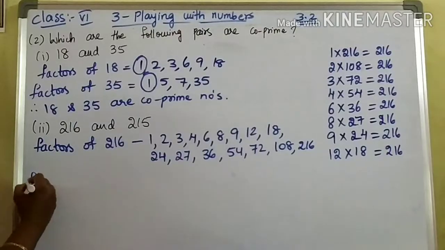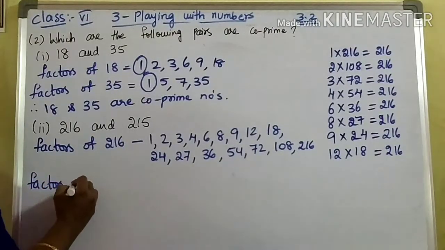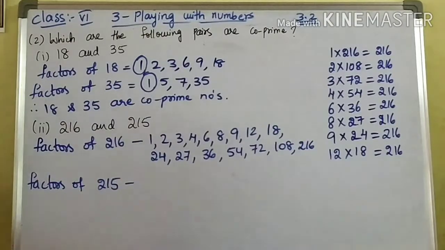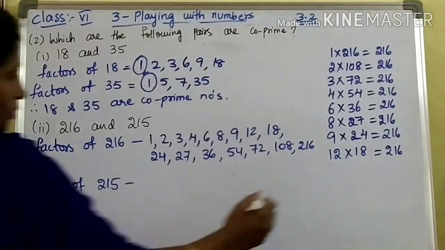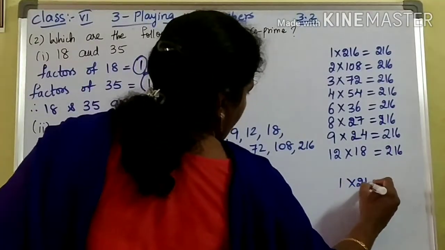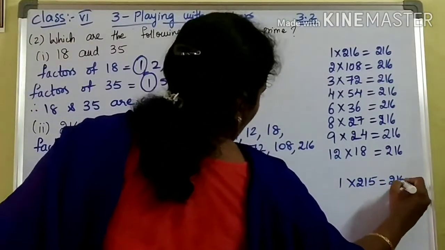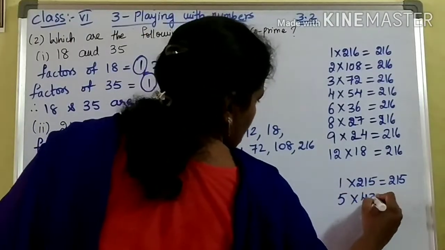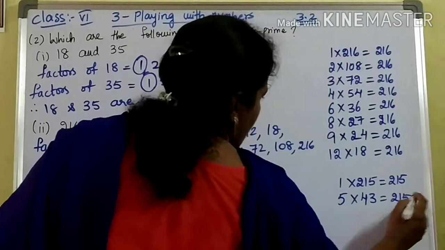Now we will find the factors of 215. In what tables will 215 go? It will go in the 1 table, right? 1 into 215 gives you 215, and it will go in the 5 table because the last digit is 5. 5 into 43 is 215. If you observe, 43 is a prime number.